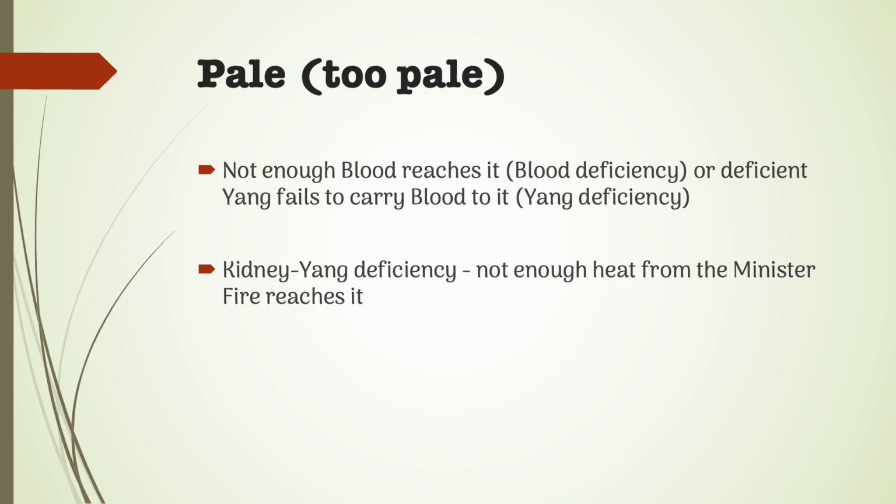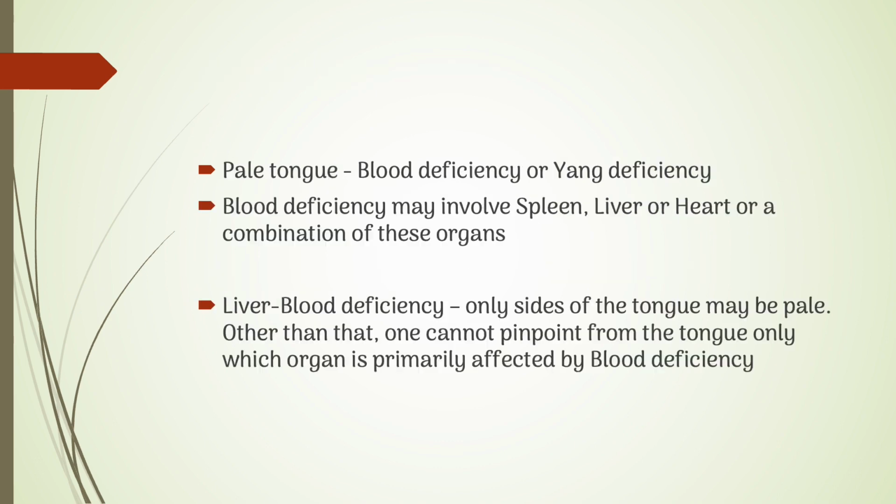The tongue may be pale either because not enough blood reaches it, or blood deficiency, or because a deficient yang fails to carry blood to it, yang deficiency. A deficiency of kidney yang also makes the tongue pale because not enough heat from the Minister fire reaches it. Therefore, a pale tongue indicates either blood deficiency or yang deficiency.